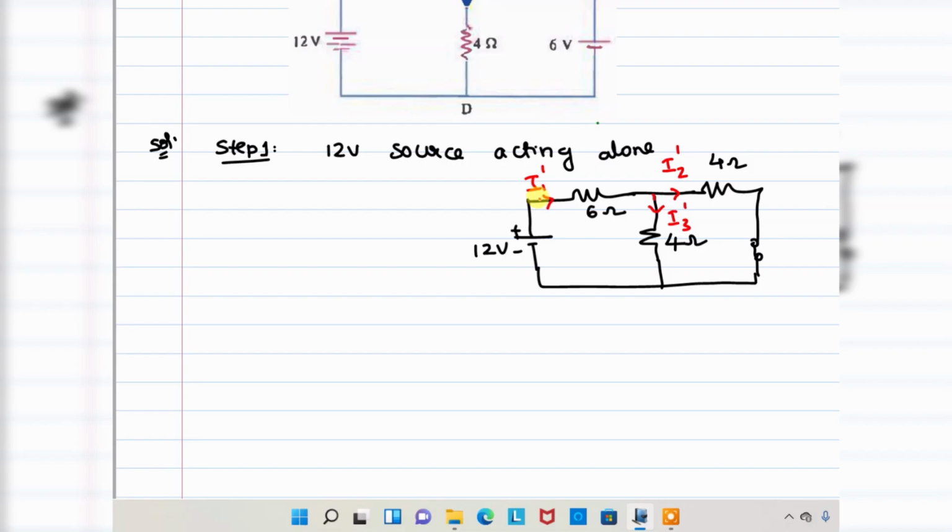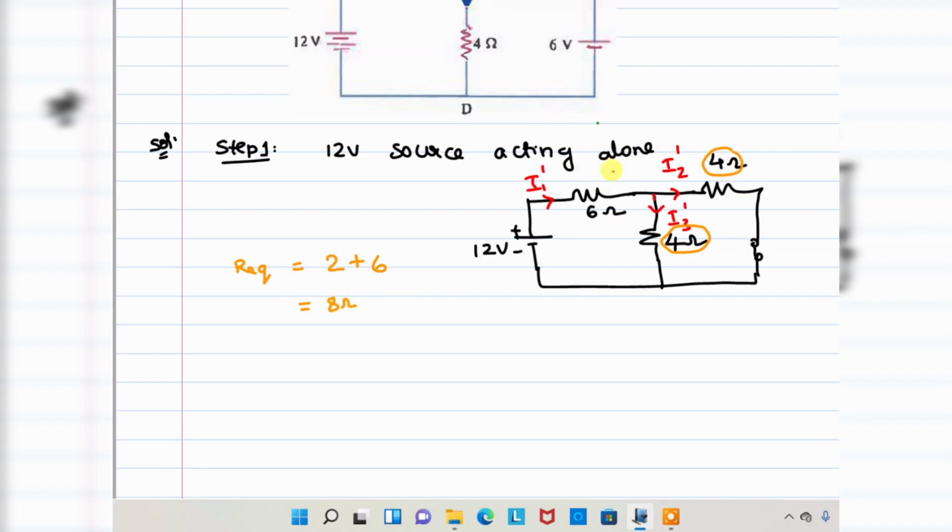So you want I1 dash, find out the total resistance. What about the total resistance? These two are connected in parallel, both are 4 and 4 ohms, that will be equivalent to 2 ohms. After calculating this parallel connection, you will get this 2 ohms in series with the 6 ohm. Directly I am writing 8 ohms.